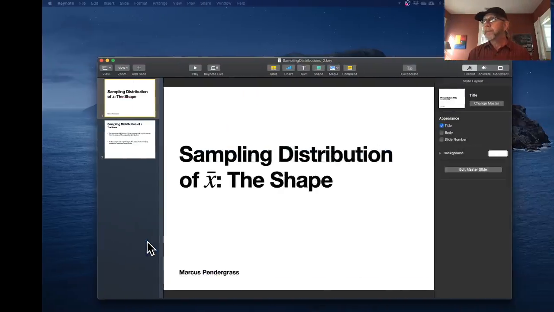But in subsequent videos, we'll also look at the center of the sampling distribution as measured by the mean, and the spread of the sampling distribution as measured by the standard deviation. All three of these aspects, shape, center, and spread, are important for the work we're going to be doing in inferential statistics. So let's begin with the notion of the shape.